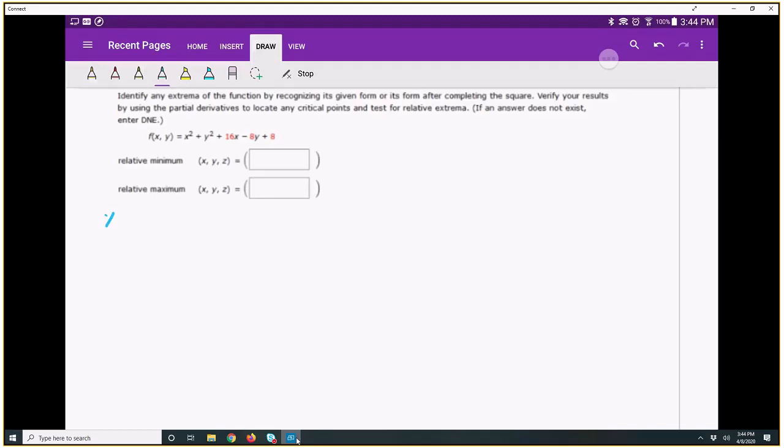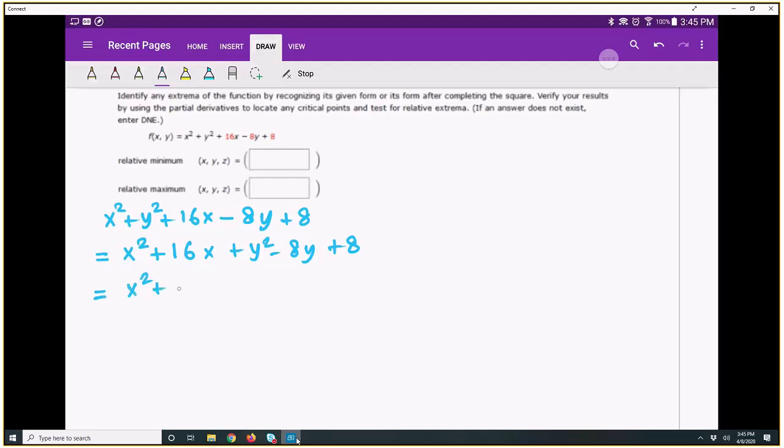I will start with x squared plus y squared plus 16x minus 8y plus 8, and that is equal to x squared. You write down all the x terms together and the y terms together, so y squared minus 8y plus 8. Because it is 16x, I will write 2 times 8 times x in order to have the triplet of completion of square.